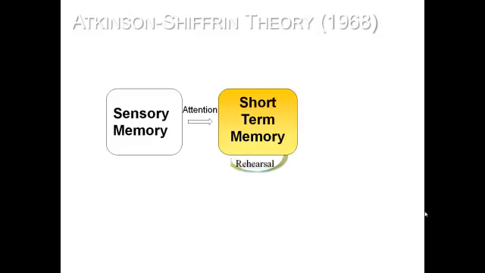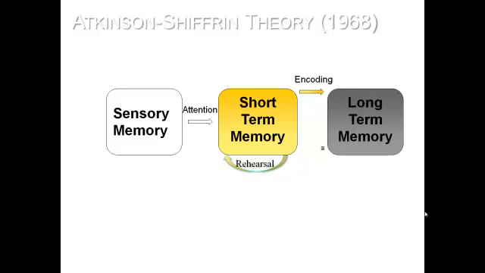So let's summarize this. As I said, it's a process. It's not just three areas of storage. You store it in sensory memory, and then it goes to short-term memory, then finally long-term memory.